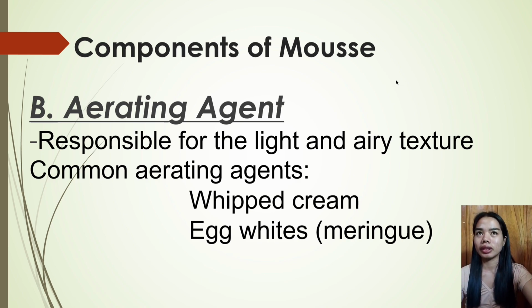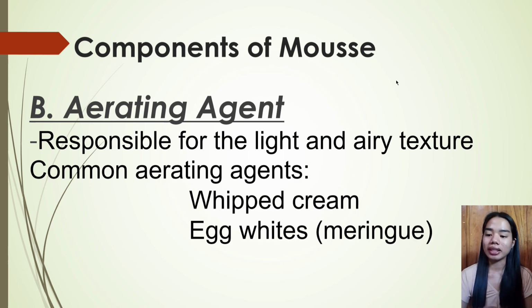Di ba kapag nagbe-bake naman tayo ng tinapay, yung mga aerating agent na ginagamit natin is the yeast para maumalsa yung tinapay natin, or baking powder, ginagamit din natin. Pero dito sa mousse, paggawa natin ng mousse, we use the whipped cream or the egg white as our aerating agent.